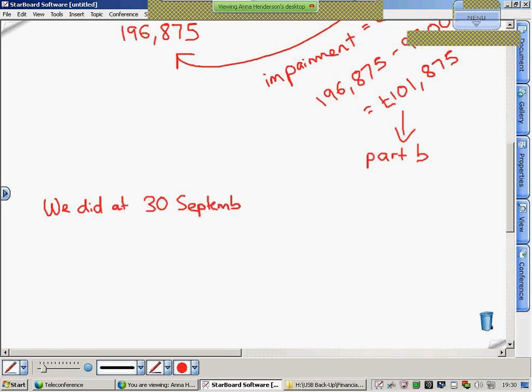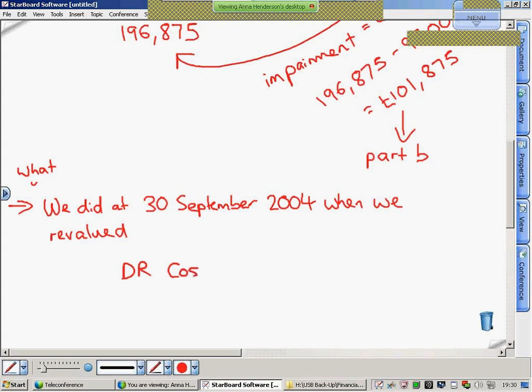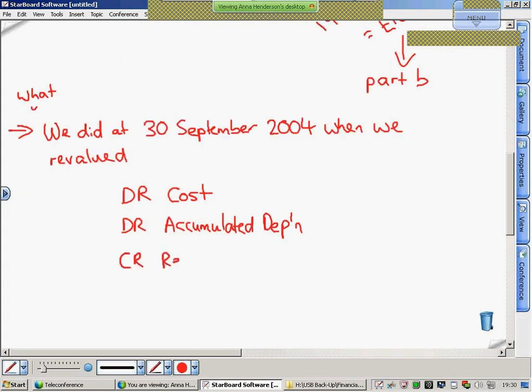Revalued at the 30th of September 2004, we would have been debiting accumulated depreciation, and as part of the entry, you get a balancing credit to the revaluation reserve, which is an equity account.